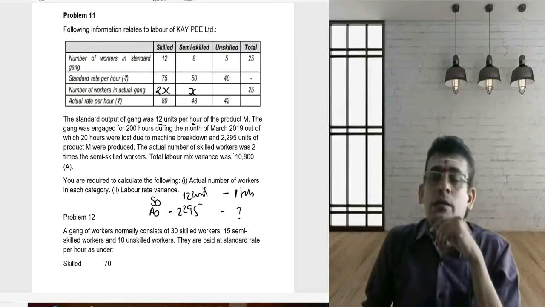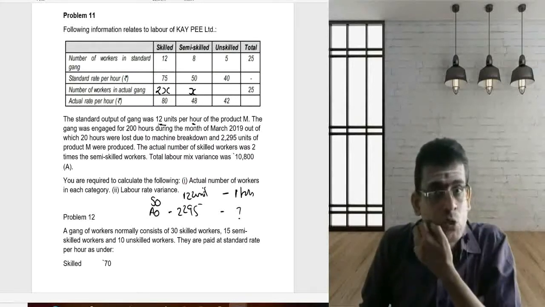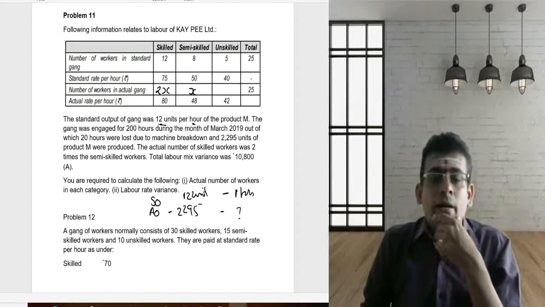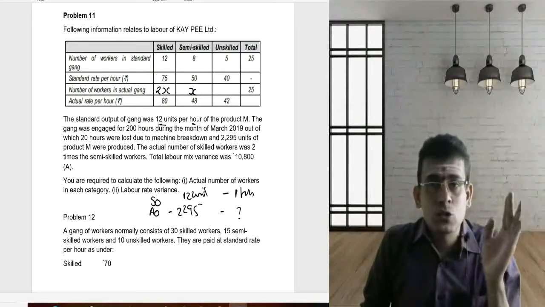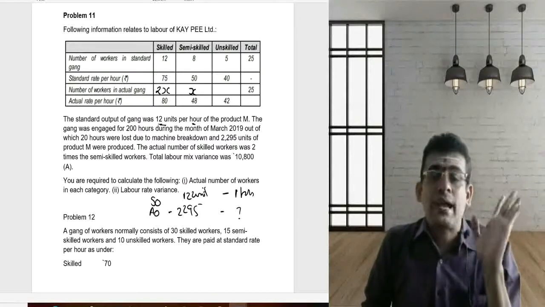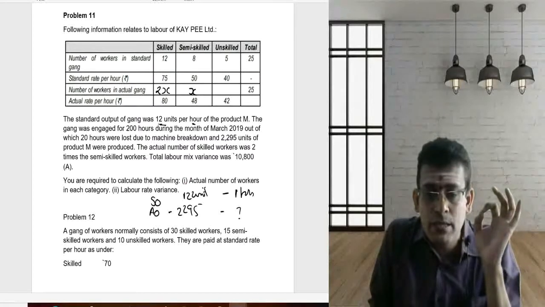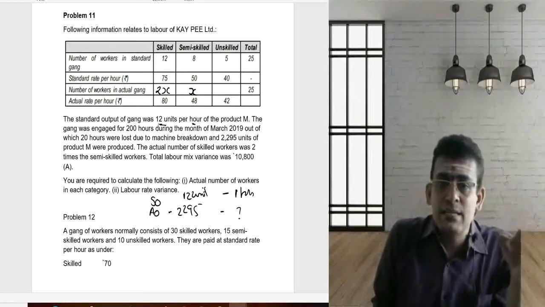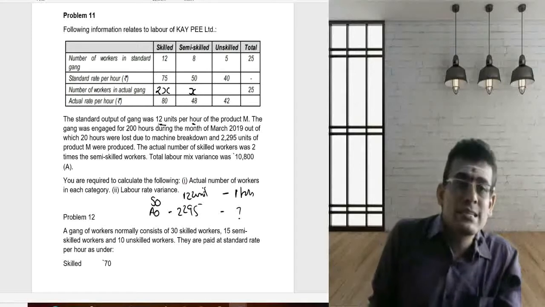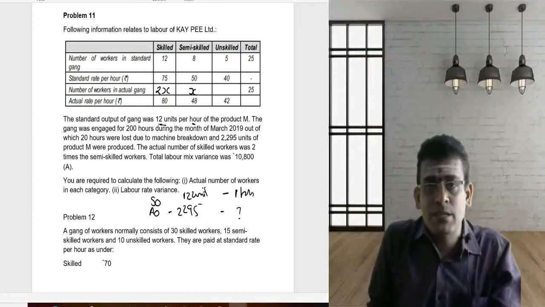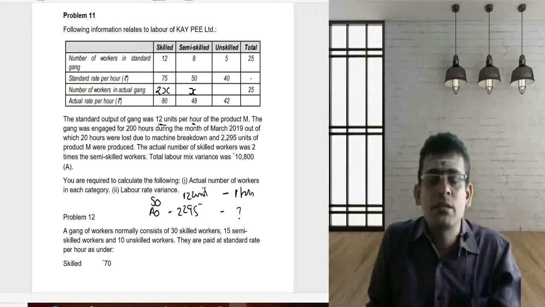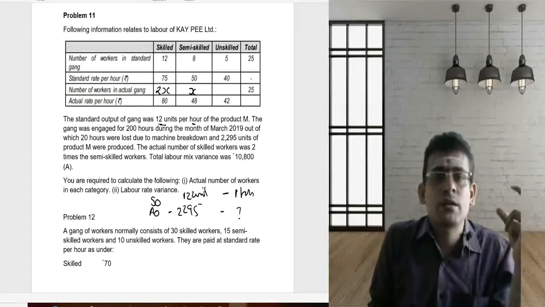I know the total number of workers to be 25. And I know that skilled is 2x, semi-skilled is X. So what will be my unskilled count? Suppose semi-skilled is 5, skilled is 10. So total skilled plus semi-skilled is how much? 15. Then what is the difference? 25 minus 15, unskilled is 10.